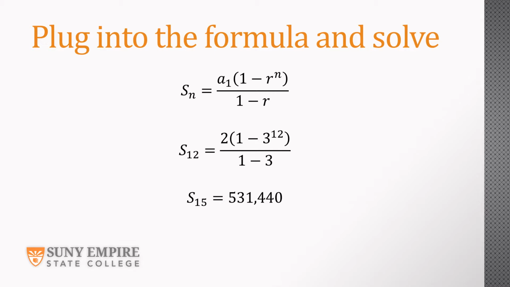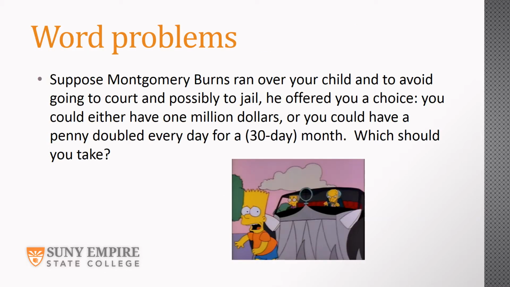Using a scientific or graphing calculator and copious use of parentheses, we can perform all these calculations at once. Doing so, we find the sum of the first 12 terms of this geometric sequence is 531,440.